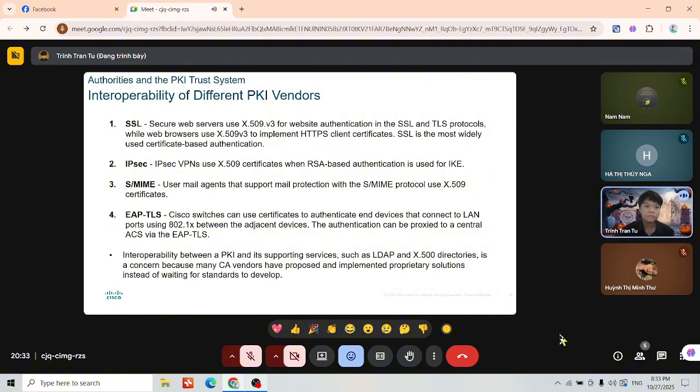And what is the problem? The problem is different vendors use different solutions, causing poor compatibility. Because of the lack of a universal standard, many PKI systems cannot communicate smoothly with one another.